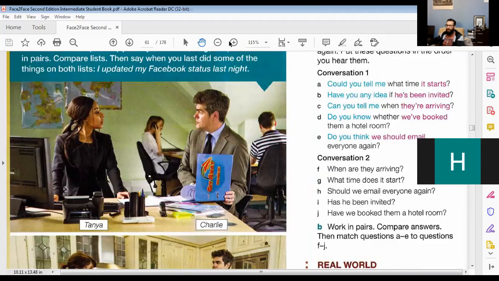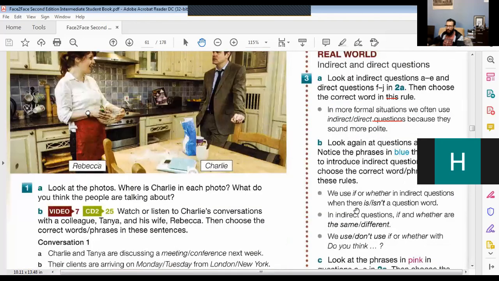So they're asking here about questions which have if and whether. But let's go back and check the question one more time. What did it say? We use if or whether in indirect questions when there is or isn't a question word.